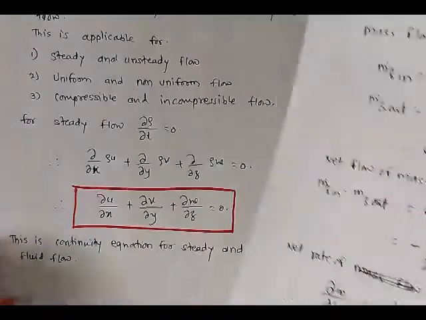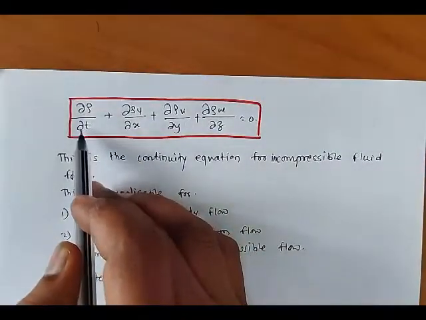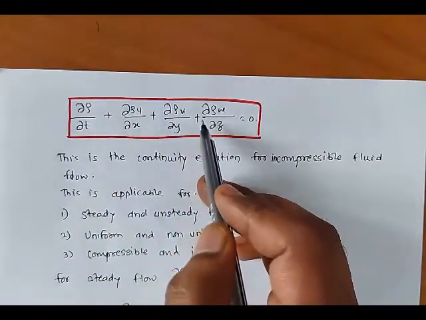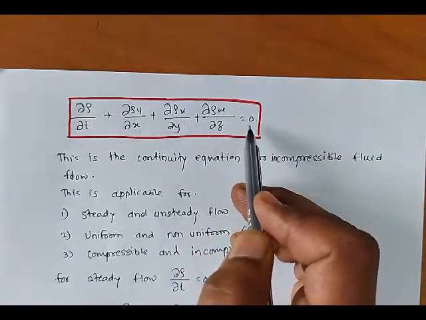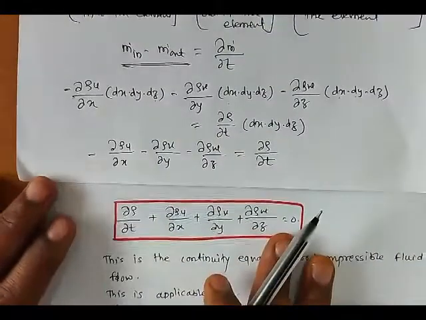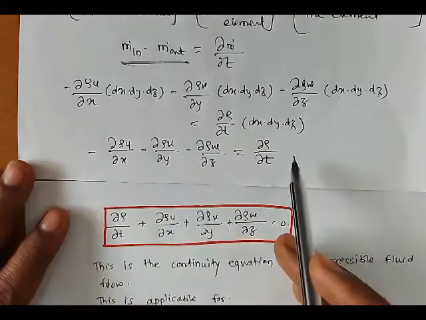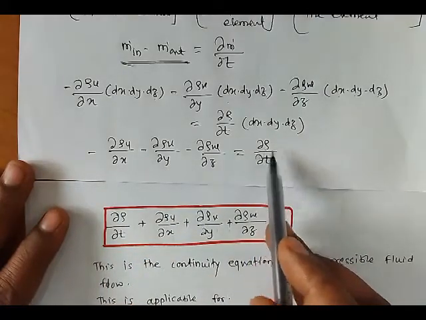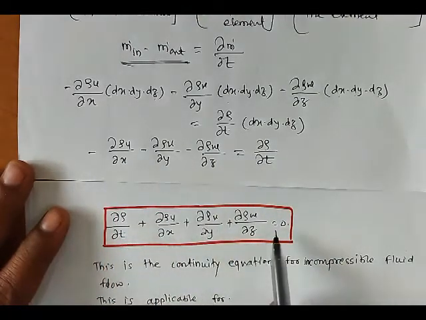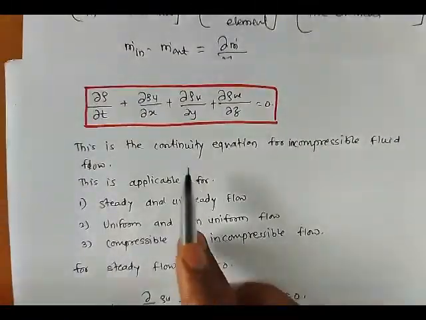Now we will simplify this equation as ∂ρ/∂t plus ∂(ρu)/∂x plus ∂(ρv)/∂y plus ∂(ρw)/∂z is equal to 0. So we are taking the minus terms to the right-hand side, and this is equal to 0.